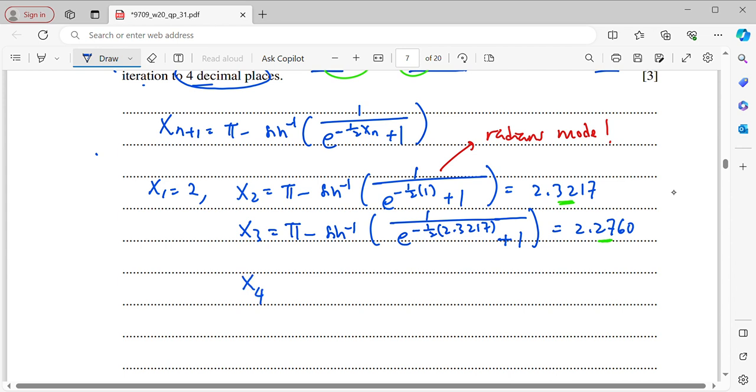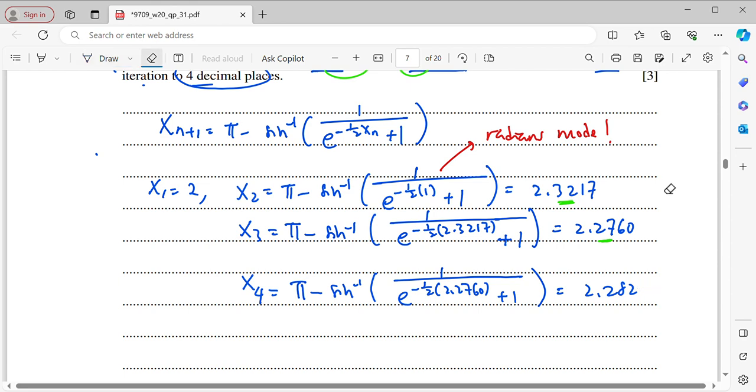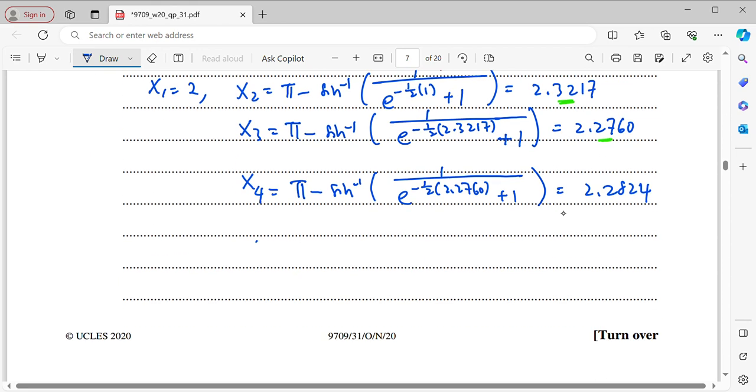So now I'm getting x4. Then you will be getting 2.2824. And again, they are different. So we have to calculate one more step. So your x5.